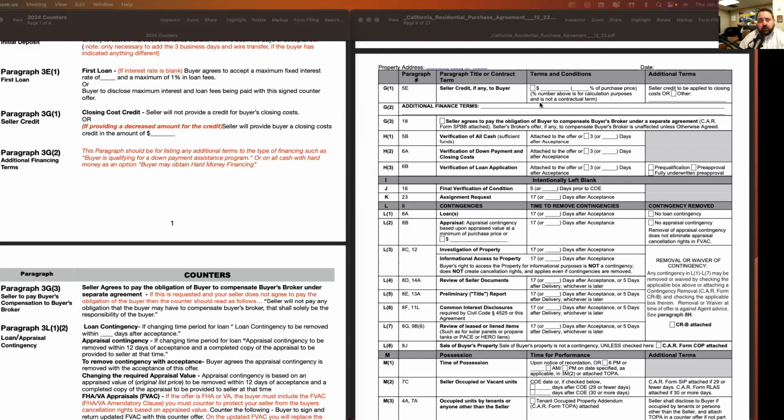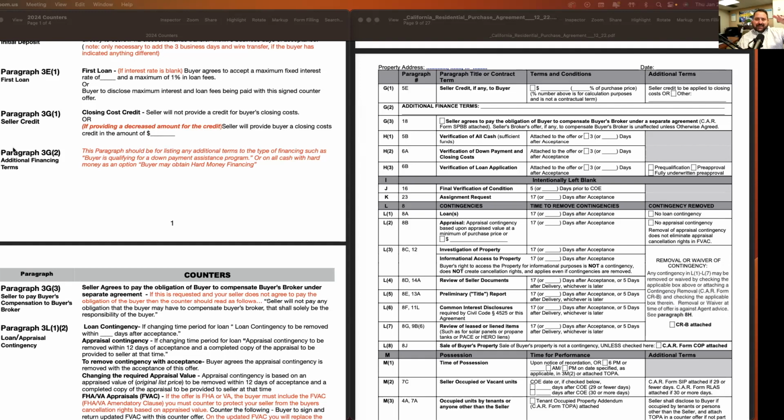If they've asked for a closing cost credit in their offer, and your seller is not going to pay it or is going to pay a different amount, then your counter is going to look like this. Seller will not provide a credit for buyer's closing costs, or seller will provide buyer a closing cost credit in the amount of, right? So either I'm not doing it or I'm changing the amount. Again, quick, easy, straightforward. So it shouldn't be an issue, right? I think that's pretty straightforward.